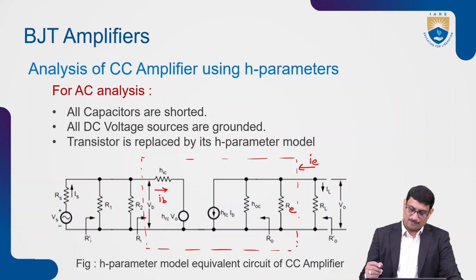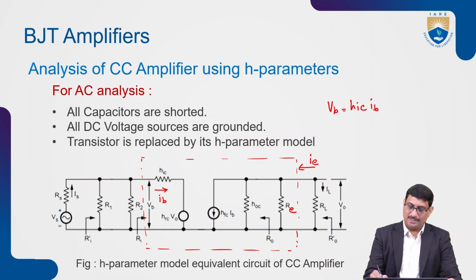Now we will write the H parameter equations. We can write VB equal to HIC into IB plus HRC into VE, and at the output side the H parameter equation is IE equal to HFC into IB plus HOC into VE.